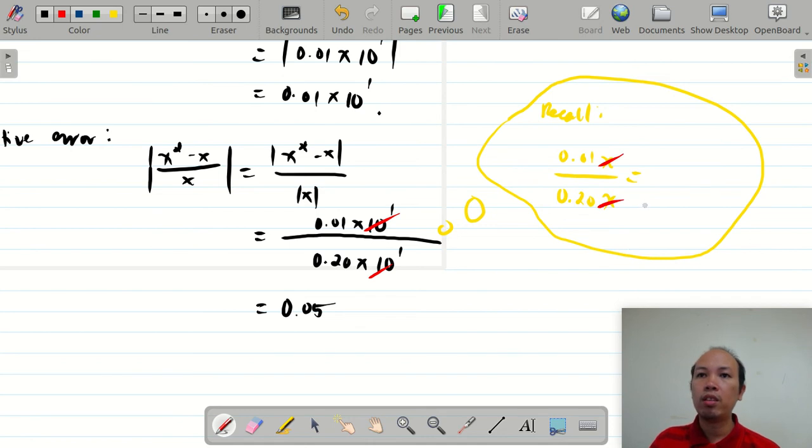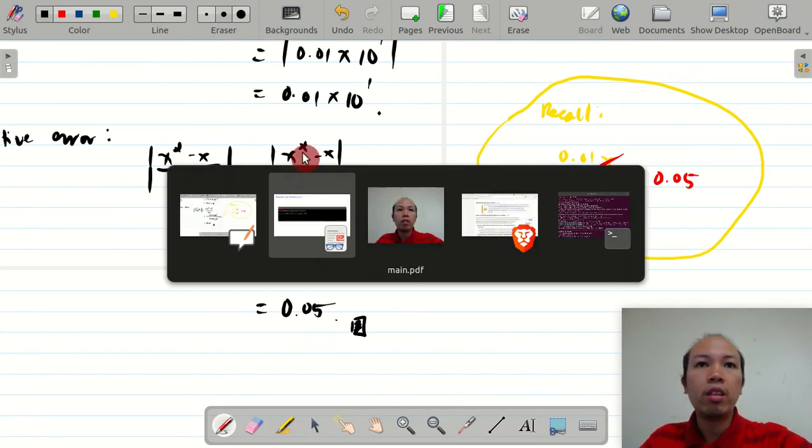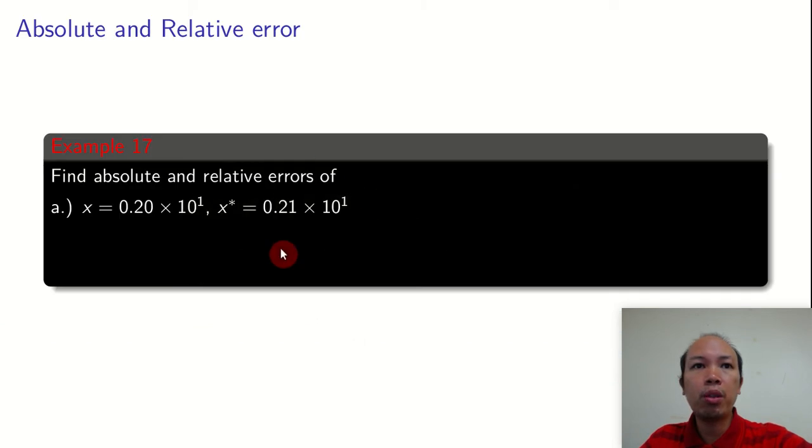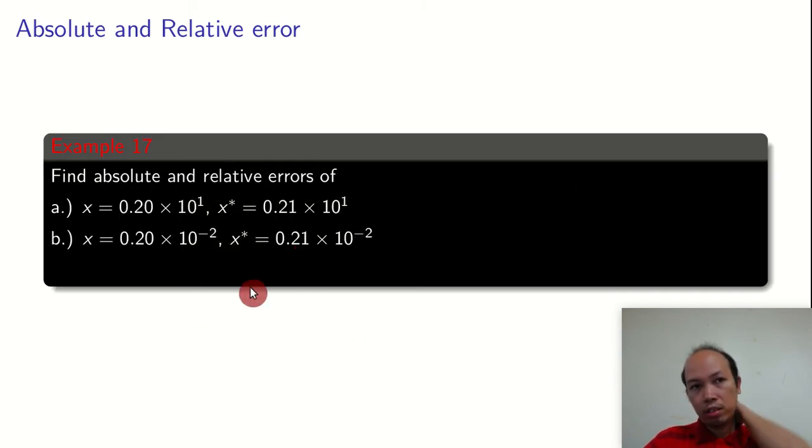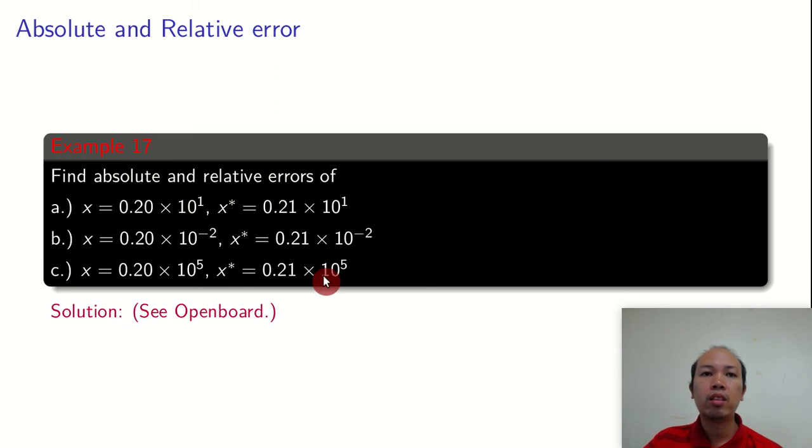So the answer is 0.05. So this is the relative error, 0.05. You can do the same for letter B and letter C. I will ask this in the puzzle: the absolute and the relative error for letter B and letter C in example number 17.